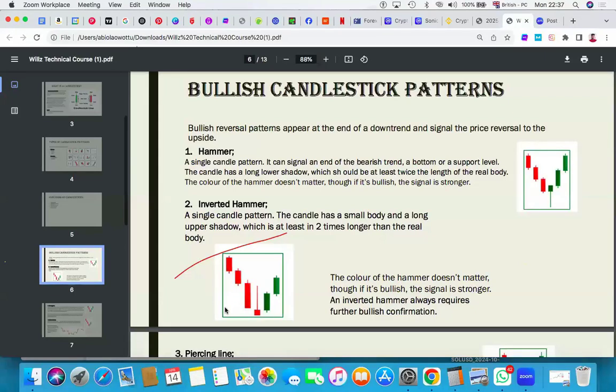All right, apologies for coming late. I believe Abiola has done the needful. He has explained everything he was supposed to explain concerning candlesticks and all of that, because this is the basic. Apologies on my side, I had stuff I needed to attend to.